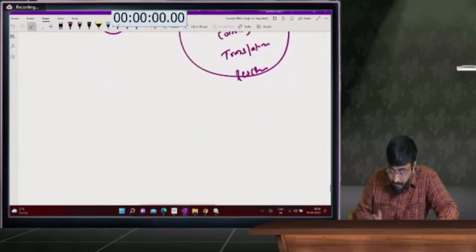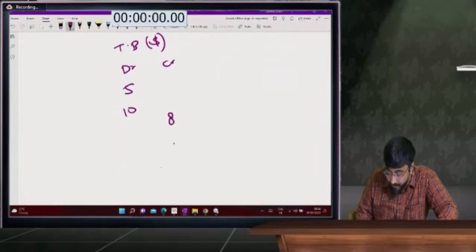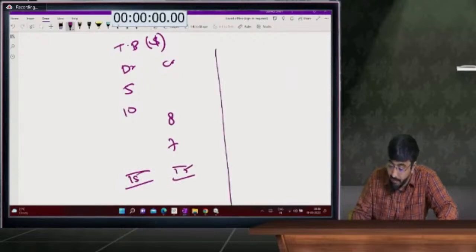For example, trial balance in dollars. Now many students are not getting it actually. Trial balance in dollars: debit, credit. Here it is 5, suppose 5, 10. Here there are 4 items, 8 and 7. So our trial balance is tallying. But now what happens when you convert the trial balance into rupees?